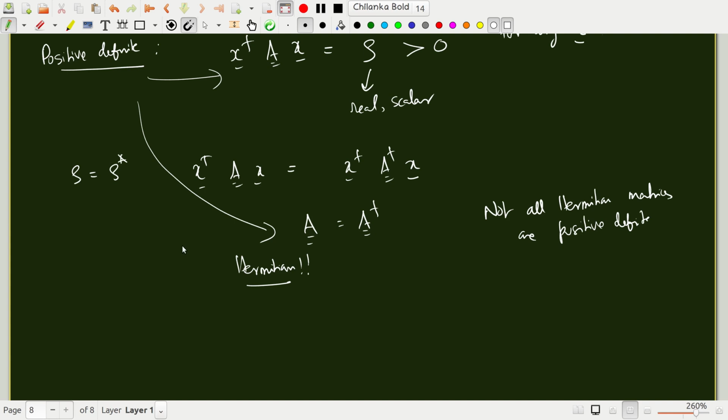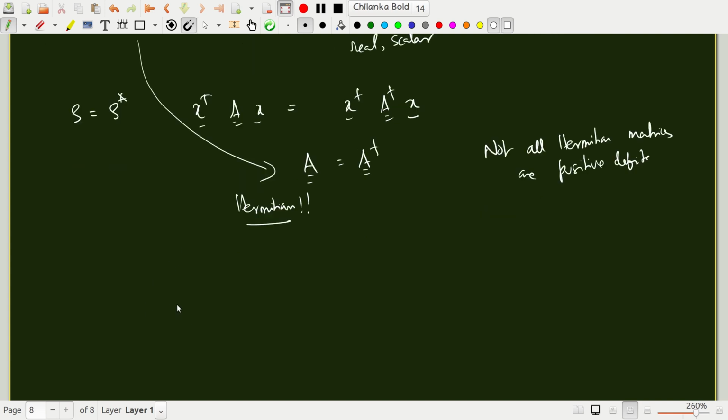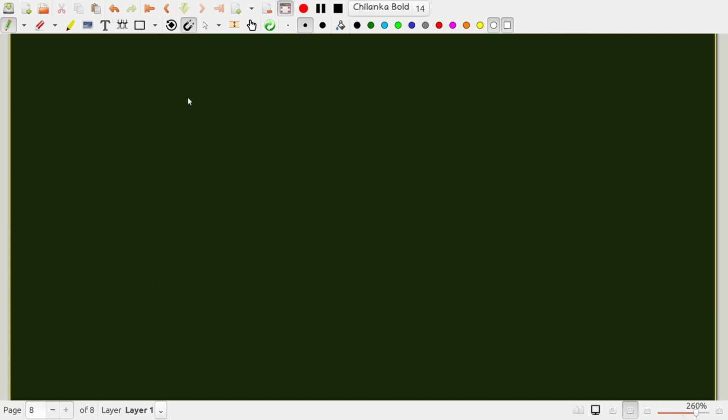So for positive definite matrices, you can write x as summation alpha_i x_i. Now let x_i be the eigenvectors of A, A being positive definite.